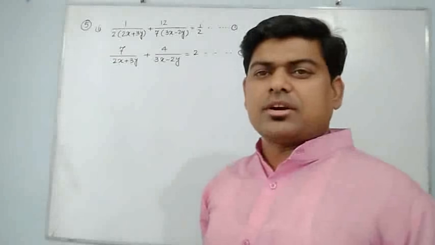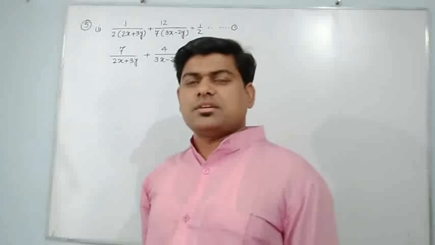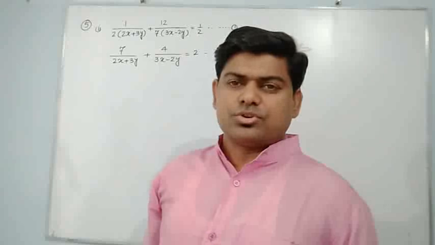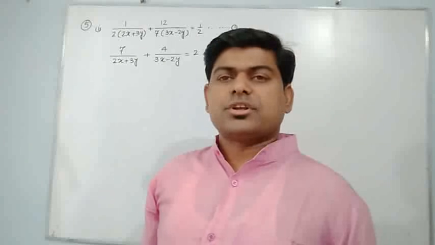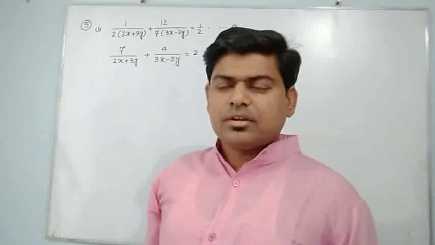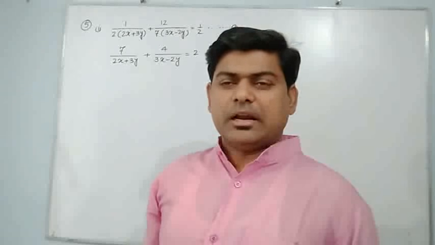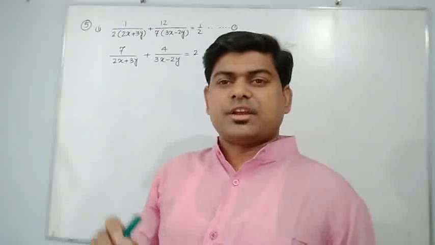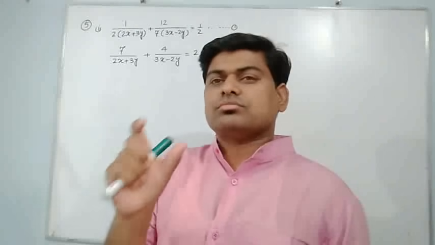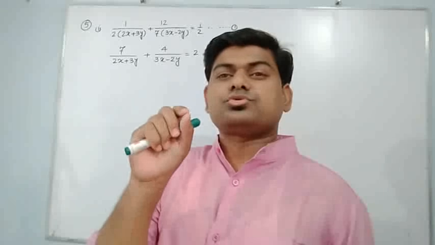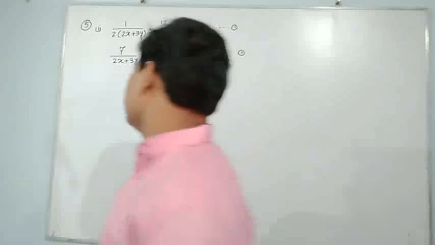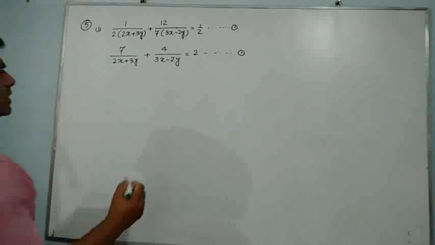Exactly, this is not an equation in the form of ax plus by plus c equal to 0, with two variables x and y. It's not in that form. First, the variables have been given in the denominator. Second, the denominator is also an algebraic expression of two variables. So how can we reduce it to the form of simultaneous linear equations?